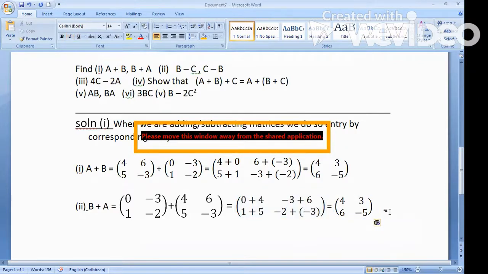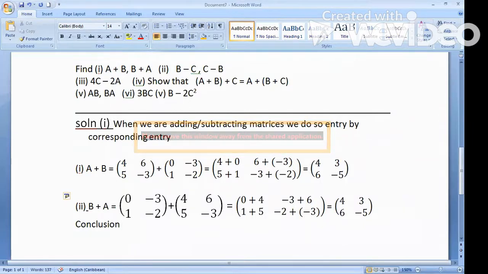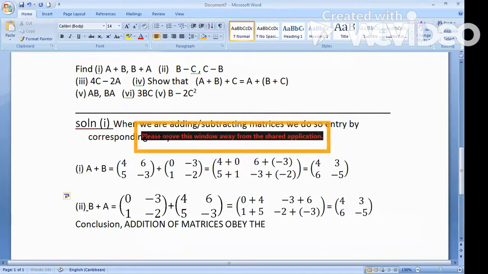All right, so the conclusion is that addition of matrices obeys the commutative law. It's called the commutative law.